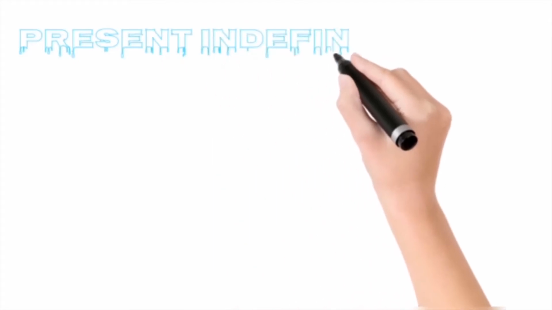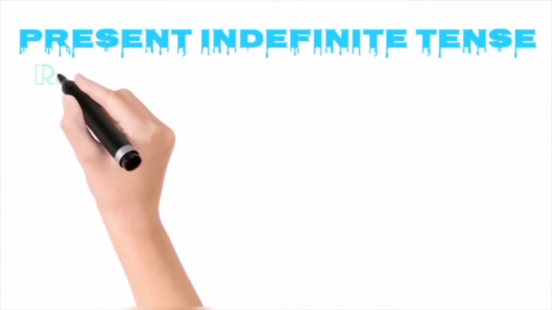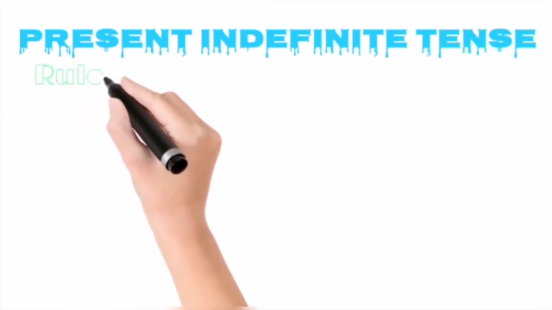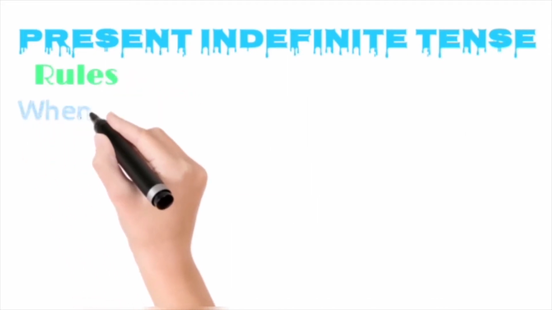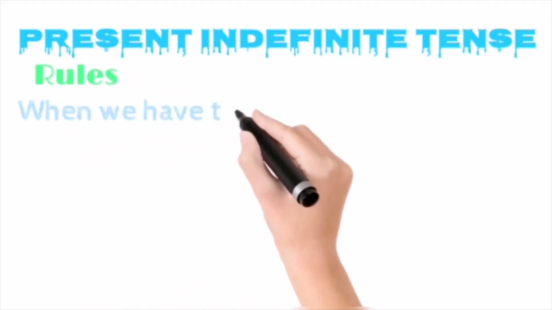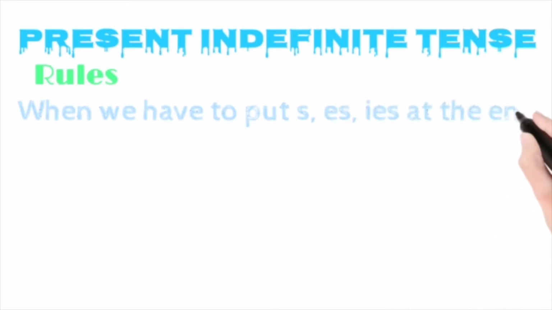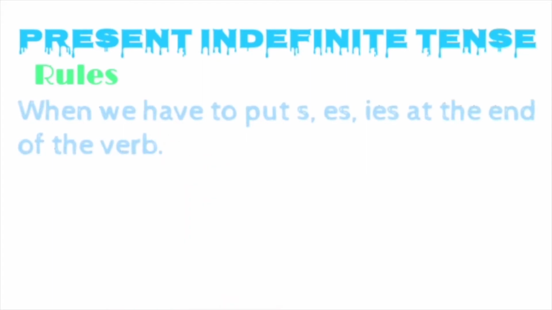Now we are just one step away from making sentences. I am teaching you this because this is the rule which most of the students miss, and this is very important. That is when we have to put s, es, ies at the end of the verb.